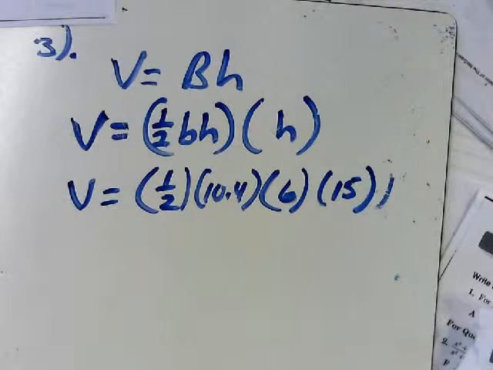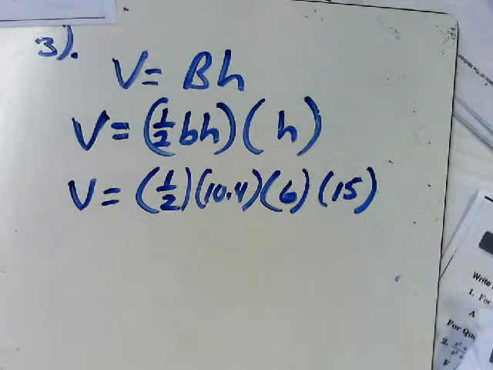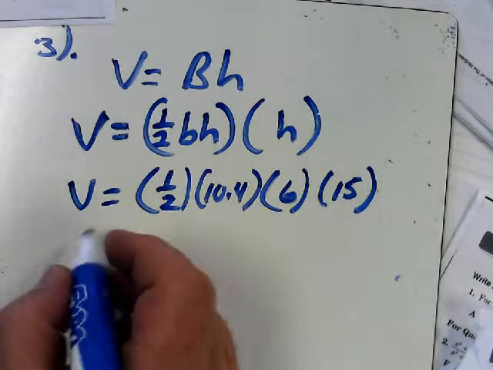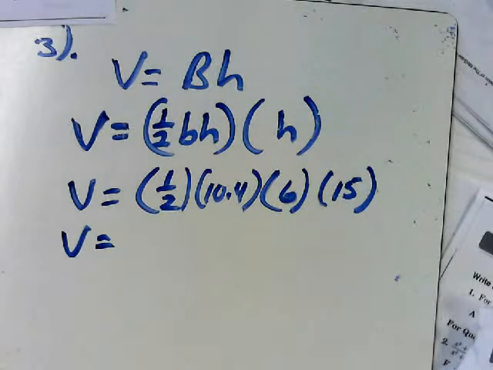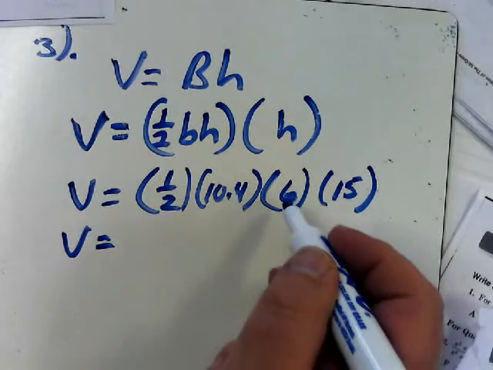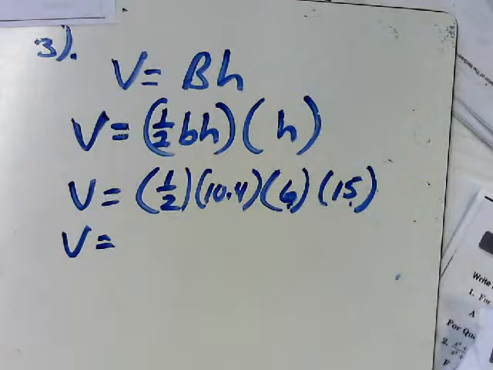That is the distance from one base to the other base. So I'd have half of 6, which is 3. 3 times 15 is 45. 45 times 10.4 is 467.7.